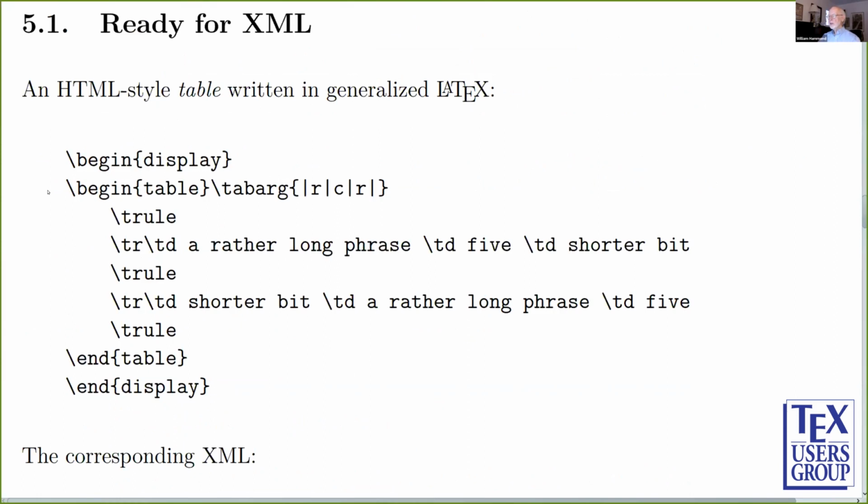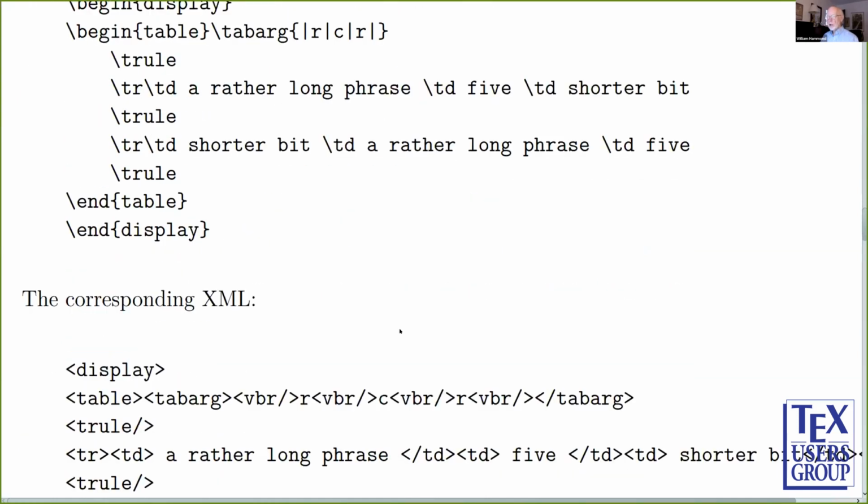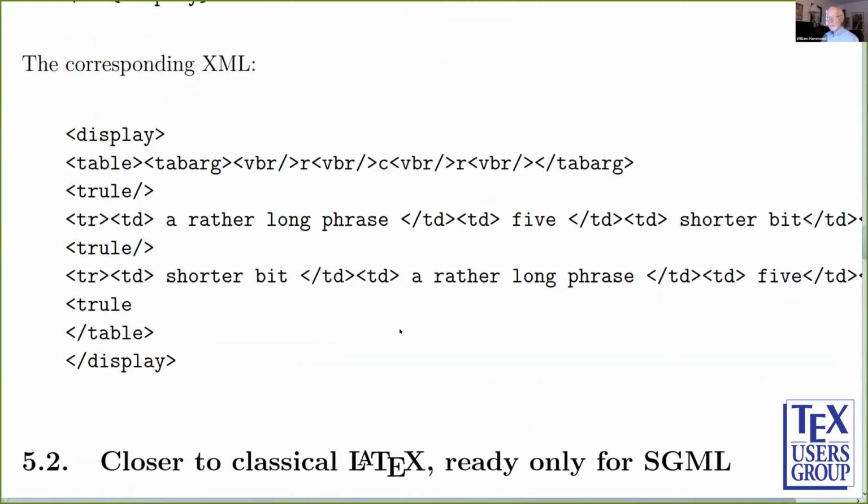But the idea in generalized LaTeX is that you're actually creating an SGML document, and the SGML document has a canonical XML shadow, but this particular markup resolves pretty quickly to XML without having to observe the distinction between SGML and XML.